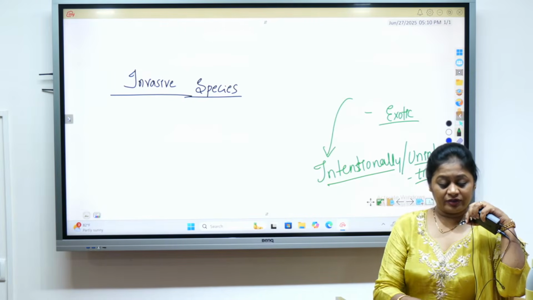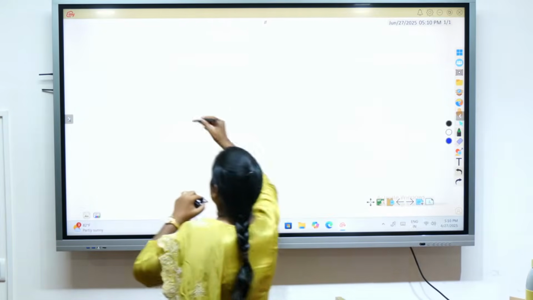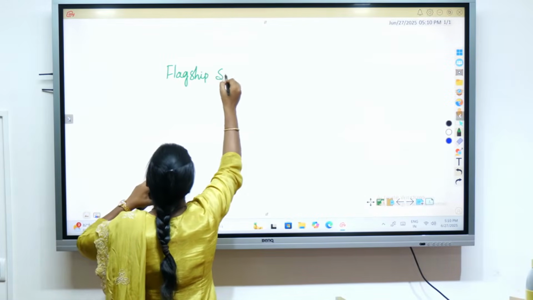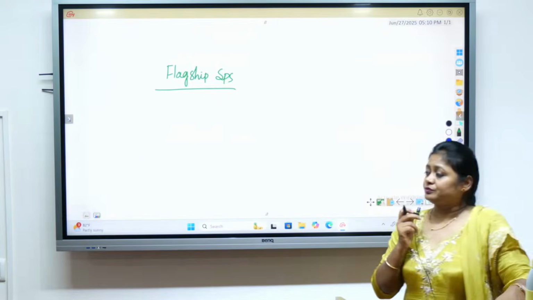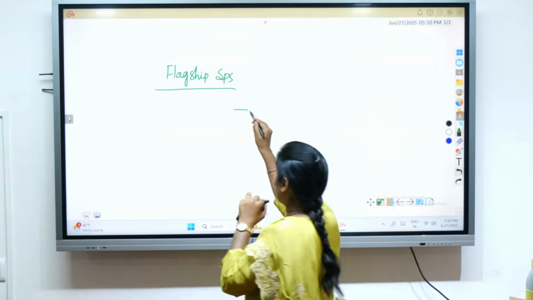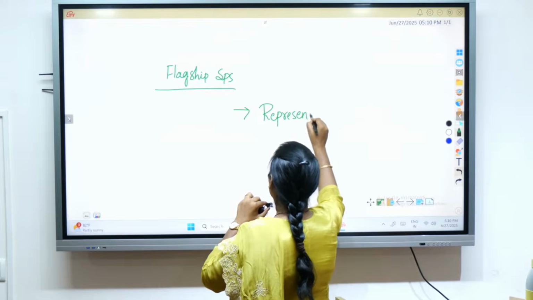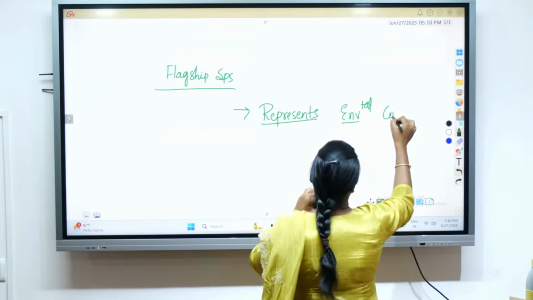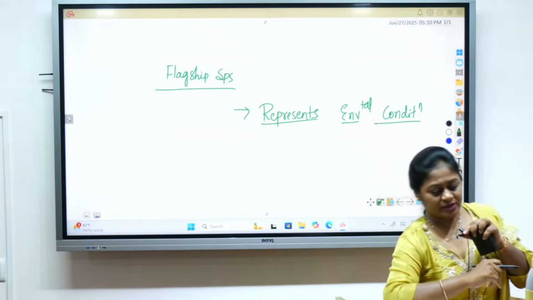And lastly, flagship species. These flagship species represent an environmental condition, for example panda and kangaroo, which represent an environmental cause.